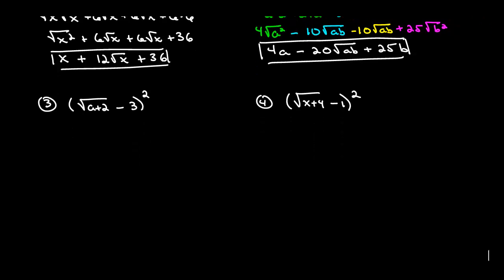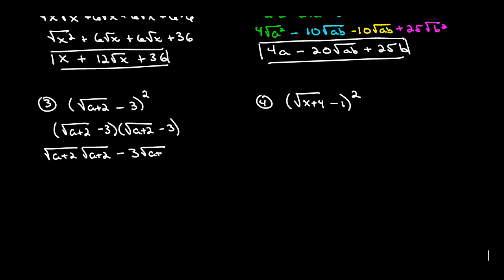Okay, 2 more to work on. So again, we'll FOIL this guy out. And so that we're working in the real number system again, we'll assume that a plus 2 is non-negative.